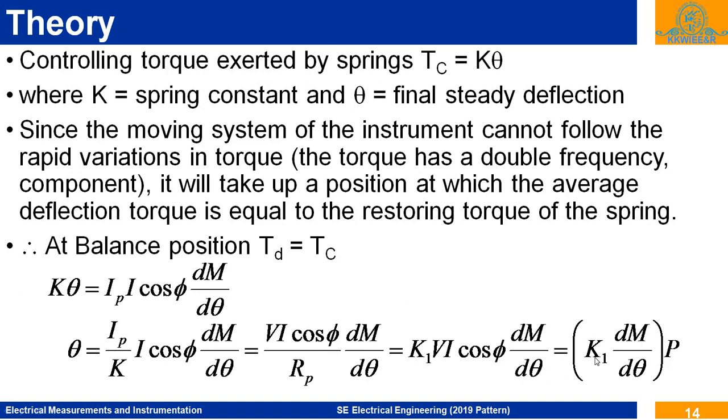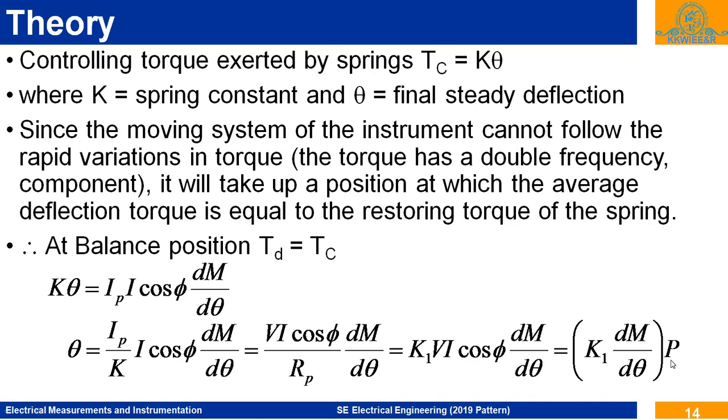And this k1 dM by d theta is taken in a bracket, and V I cos phi is nothing but P, the power to be measured. This current depends on the load, and cos phi again depends on the load, and the voltage is that connected to the load.